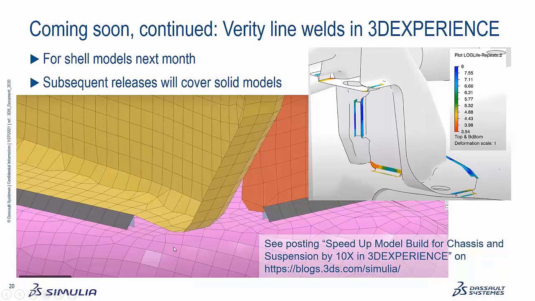So you can see a bit of a zoom in of a piece of an automotive chassis. You can see the shell weld fillets being modeled here. And here's a bit of a further zoom in where you can see the log life repeats plotted contours along the weld toe lines.